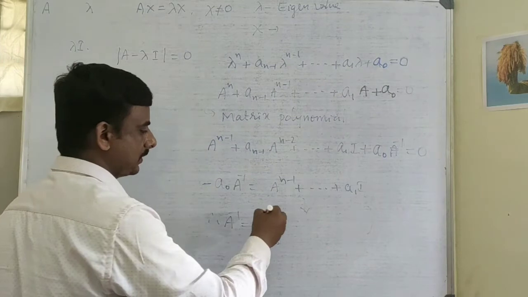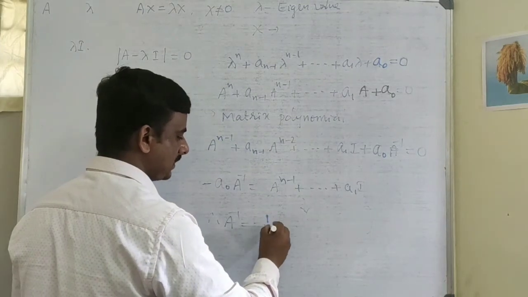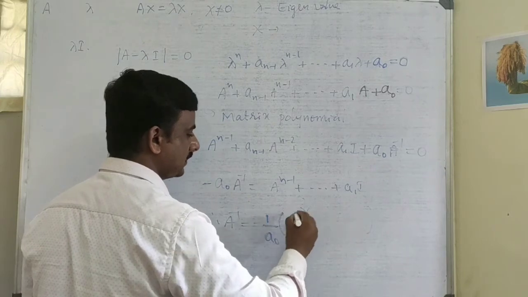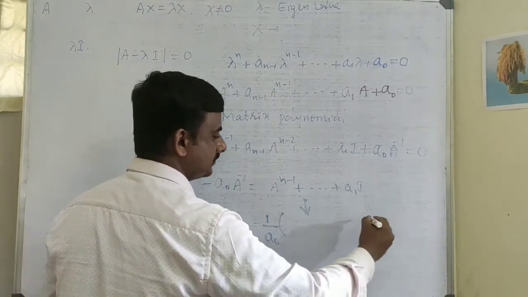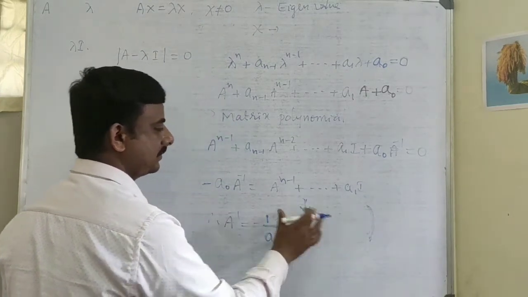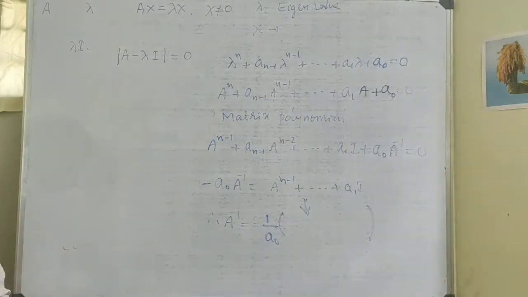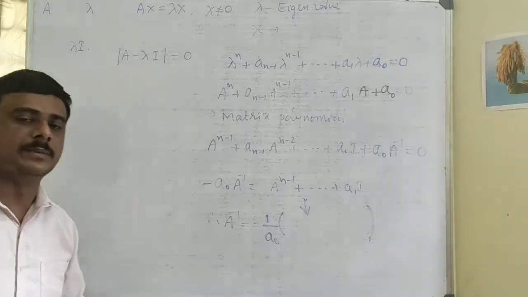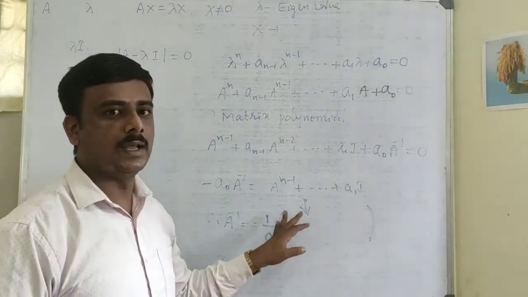A inverse equal to minus 1 by the constant term times this one. The same term you have to write here. So that is the way of finding the inverse of the matrix using Cayley-Hamilton theorem.